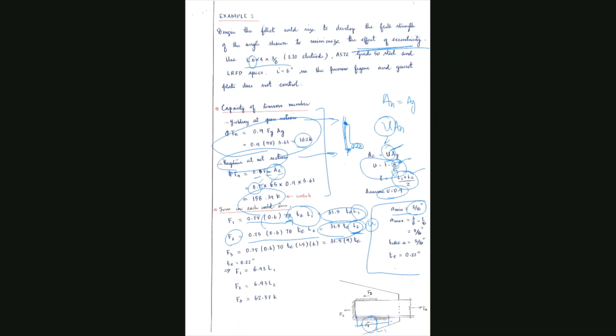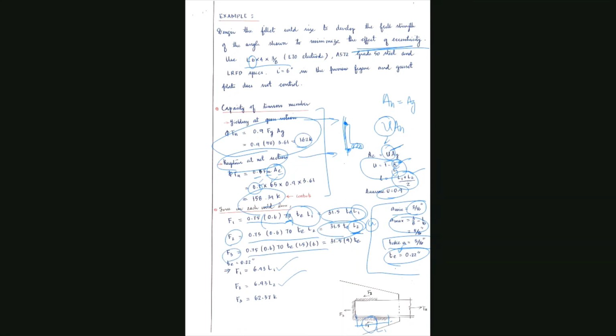Okay, and your A maximum is checked, and you get a value. You assume a value of A, and based on the value of A, you find the value of effective throat. You substitute all of them here to get F1 is equal to 6.93 L1, and F2 is 6.93 L2, and F3, again you substitute all of them.